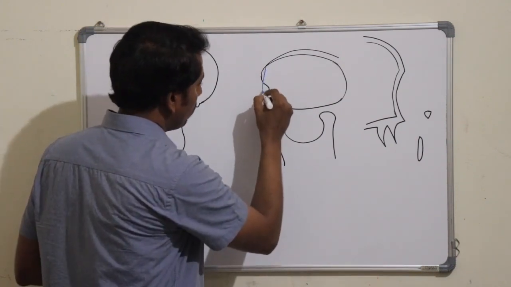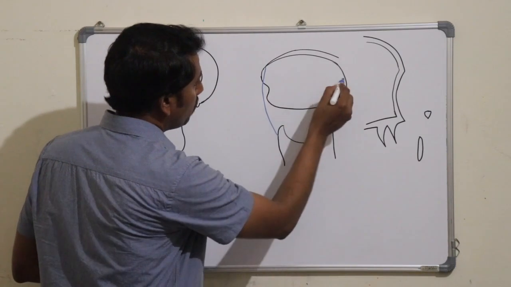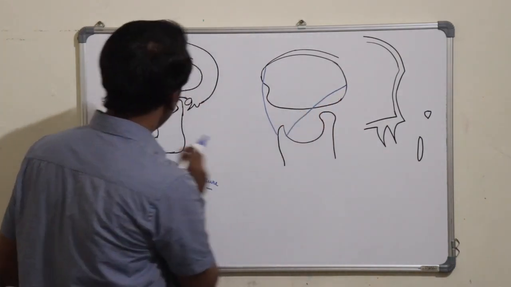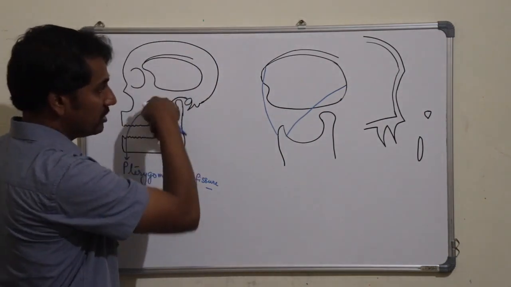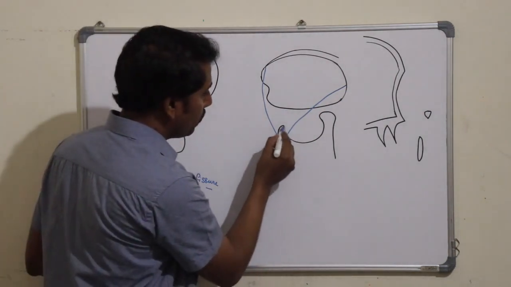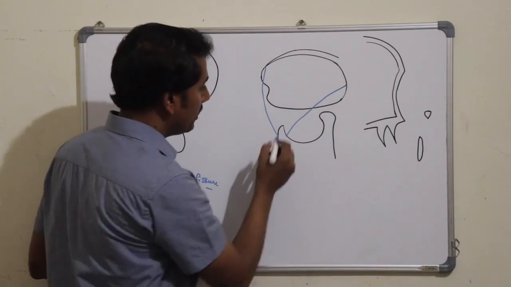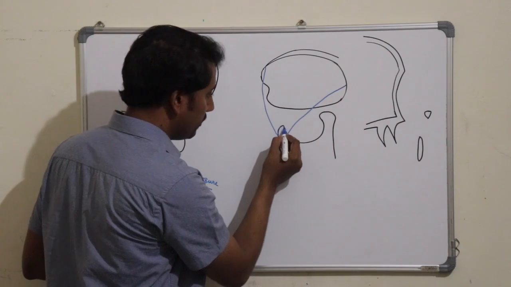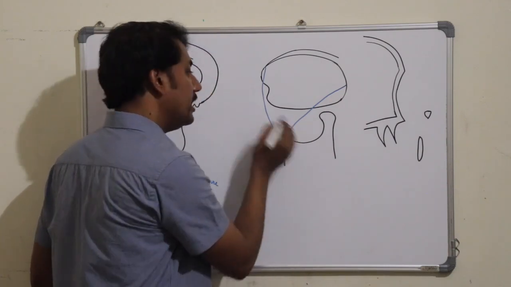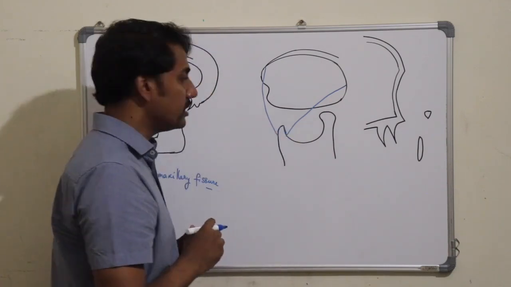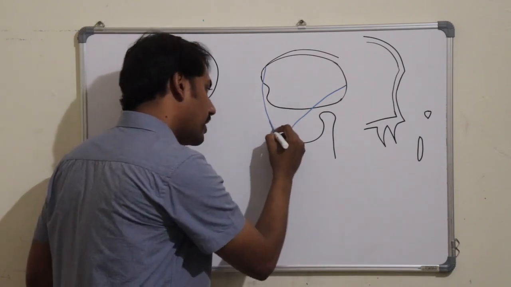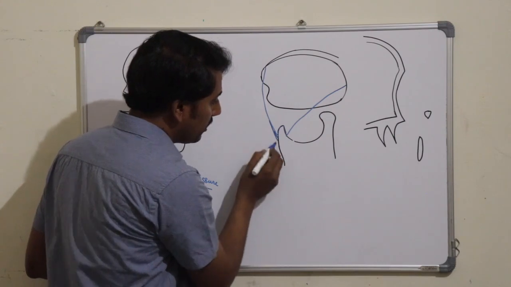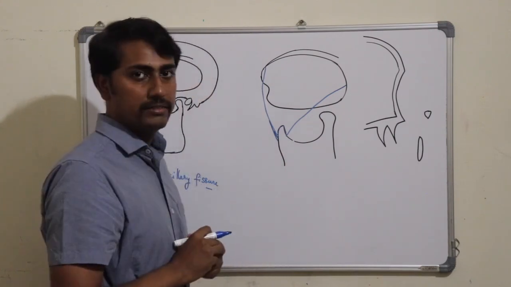So it takes origin from the whole of the temporal fossa and passes deep to the zygomatic arch and gets inserted to the coronoid process. Mainly the borders of the coronoid process, the anterior border, the posterior border, the deep surface of the coronoid process, as well as some part also gets inserted into the anterior border of the ramus of the mandible.